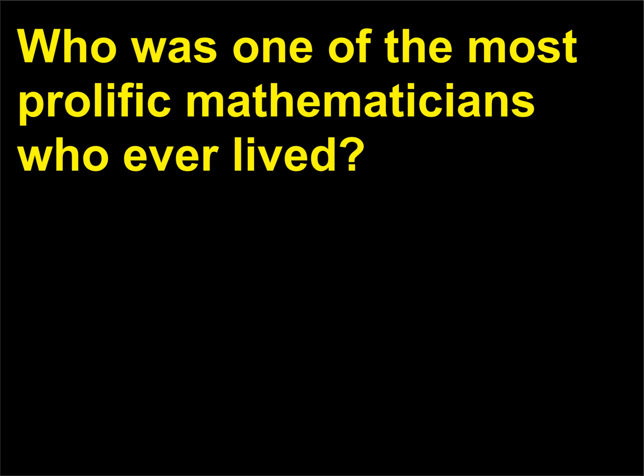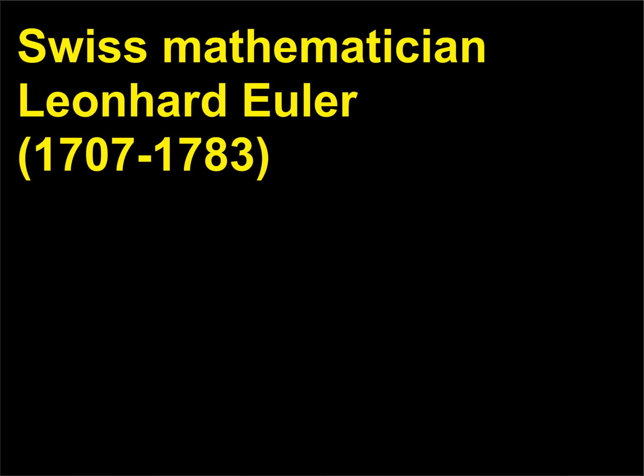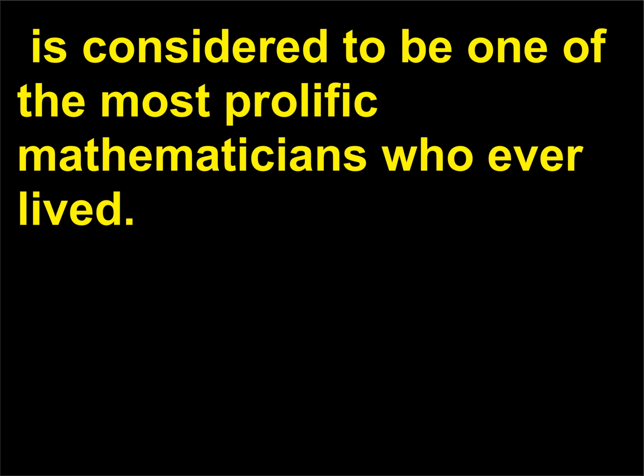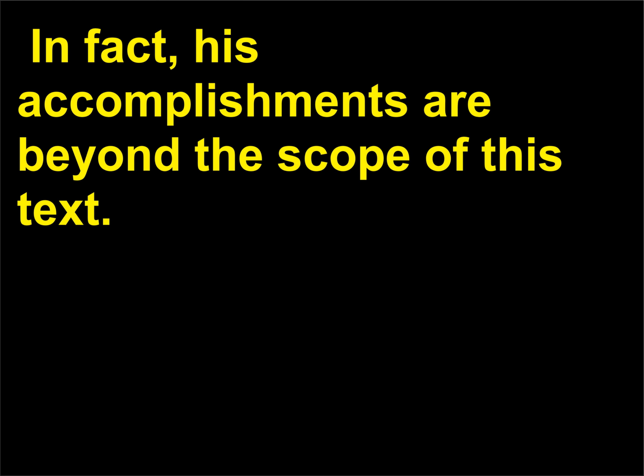Who was one of the most prolific mathematicians who ever lived? Swiss mathematician Leonhard Euler, 1707 to 1783, is considered to be one of the most prolific mathematicians who ever lived. In fact, his accomplishments are beyond the scope of this text.